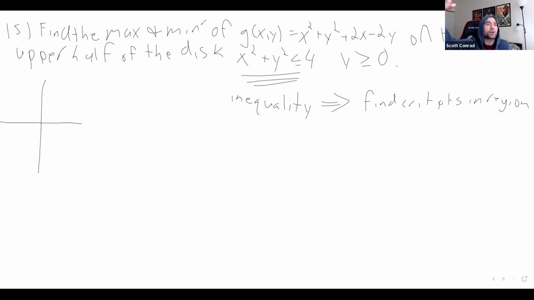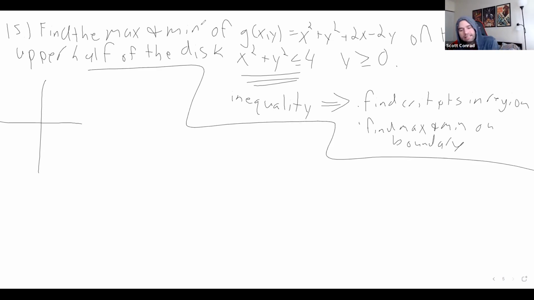You need to find the critical points, and then you need to find max and min on the boundary. And the max and min on the boundary could be Lagrange, or it could be the other method we're talking about, and we'll actually do that method here. But it's a dead giveaway if you see an inequality somewhere in there.